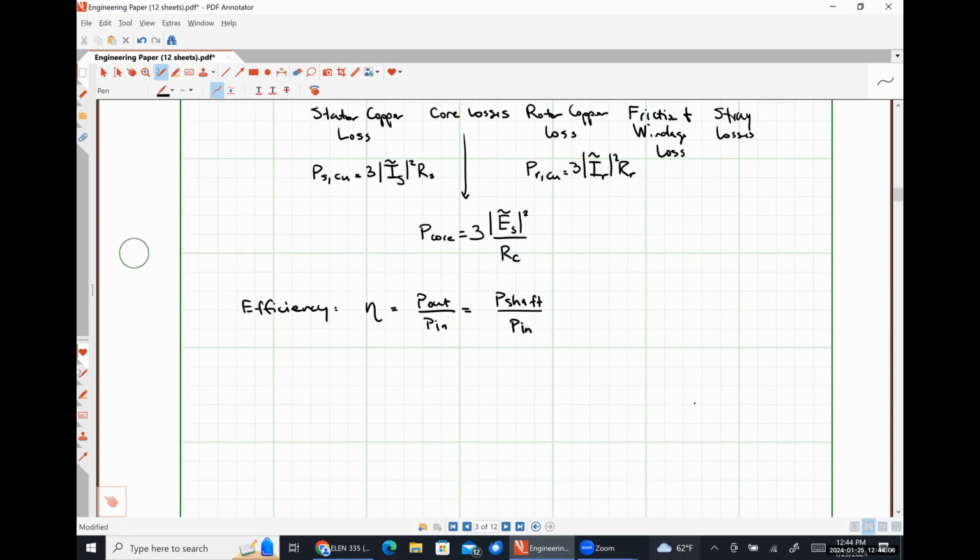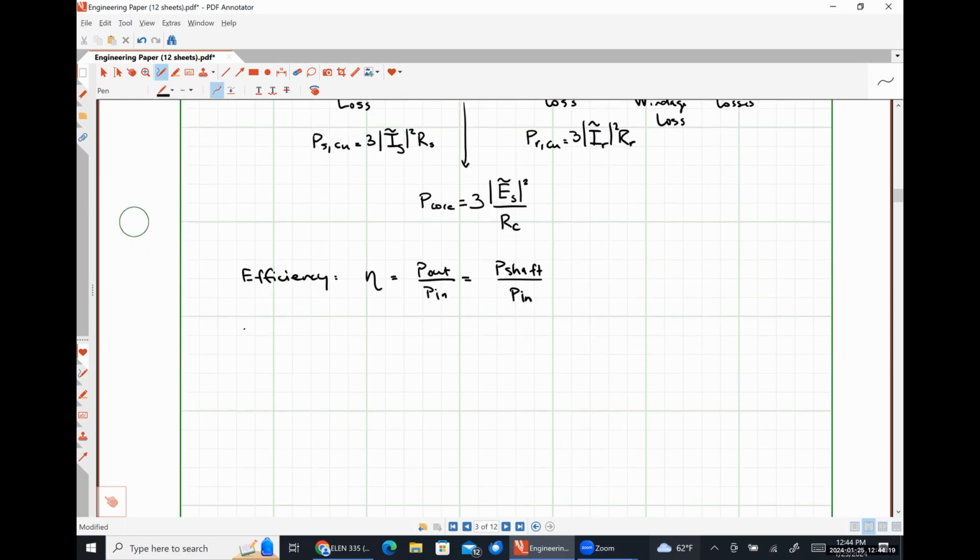And we can play around with the torque relationship that we looked at the end of class on Tuesday. So let's put these down here, torque relationships.